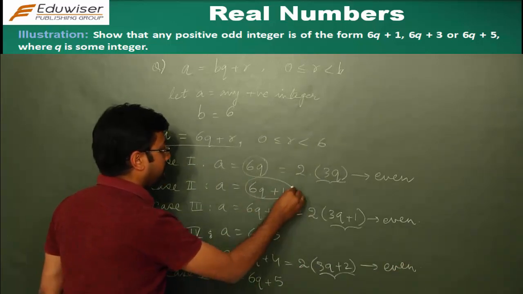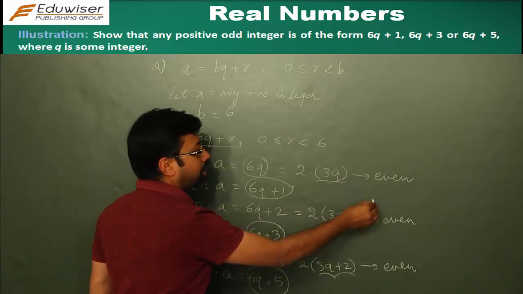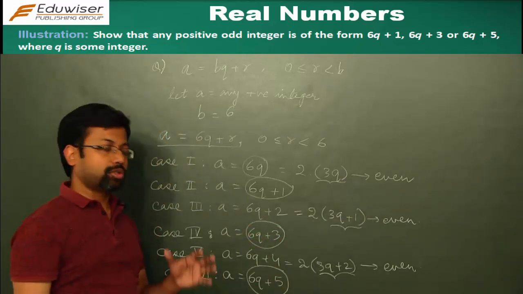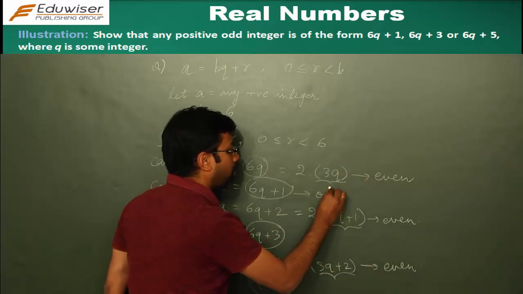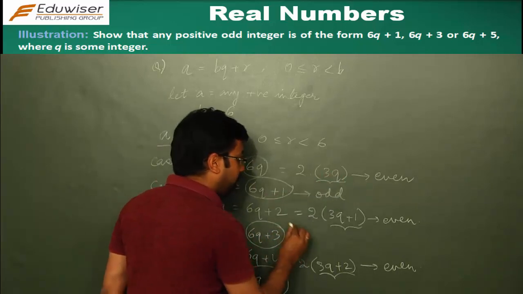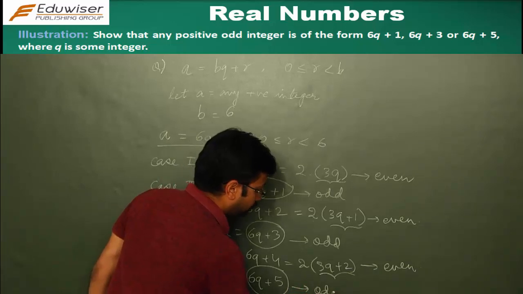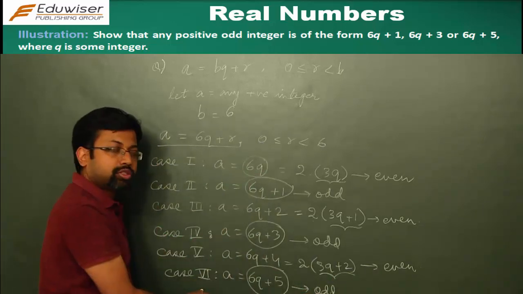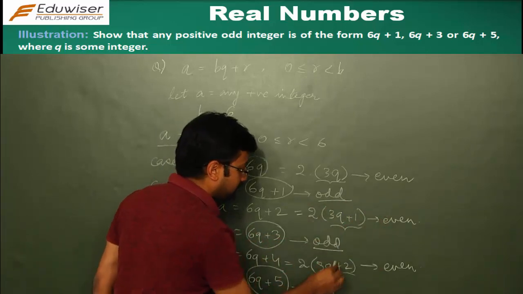So for the remaining 3 cases, if a positive integer is not even, it has to be odd. So for all the 6 possibilities that you had, 3 cases were even and the rest of the 3 cases were odd.